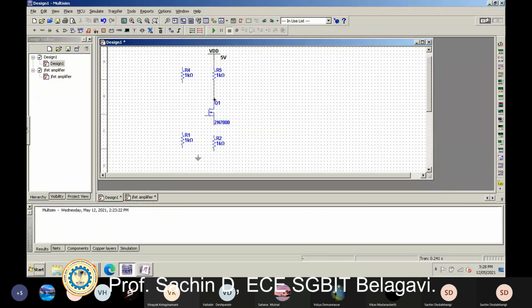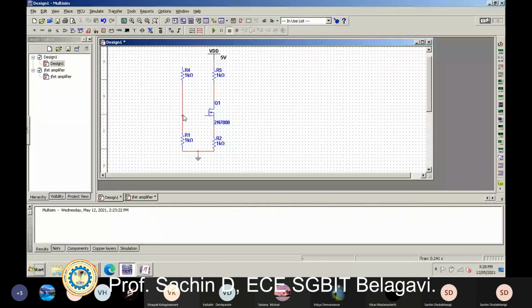RD, I'm connecting it to the drain terminal. So this one I'm going to connect it here. So it is a MOSFET.